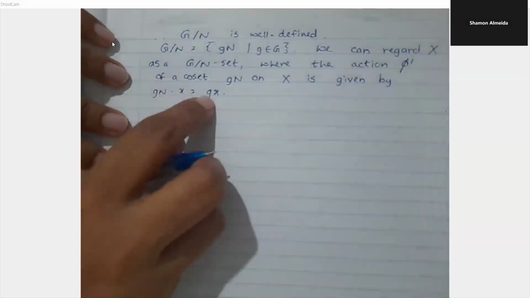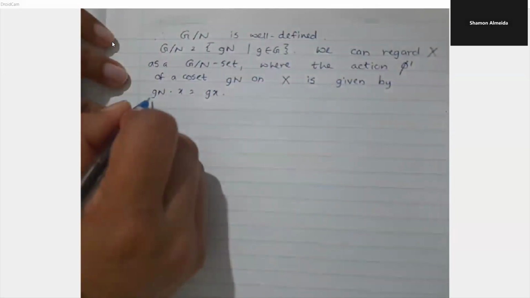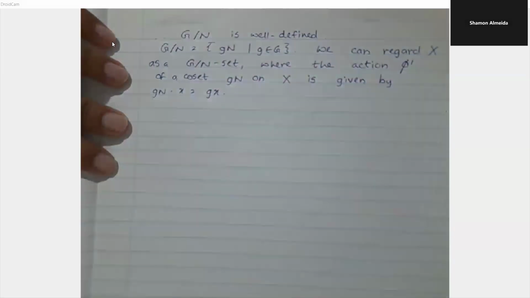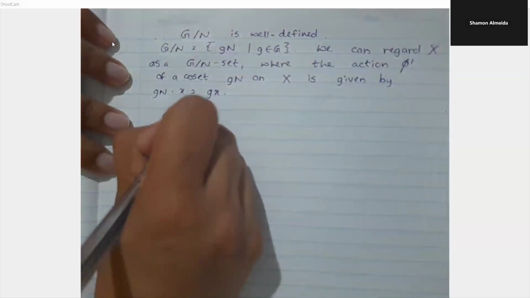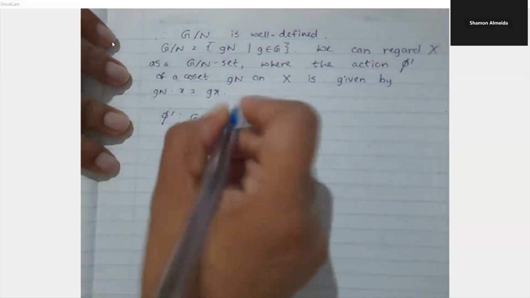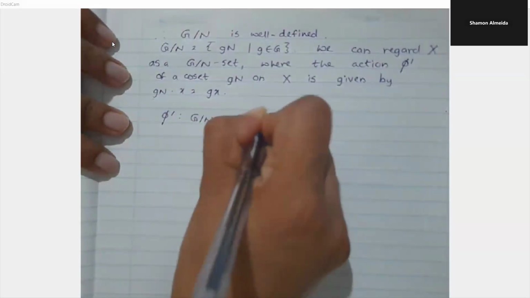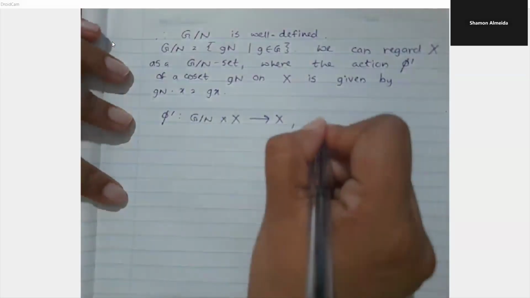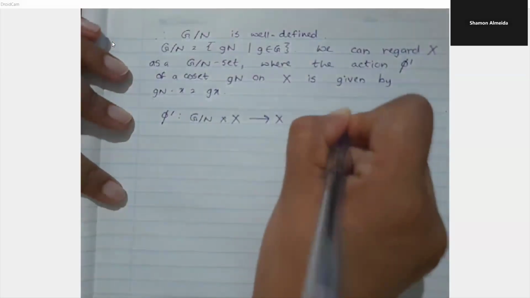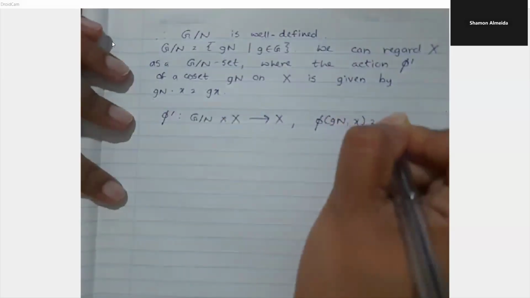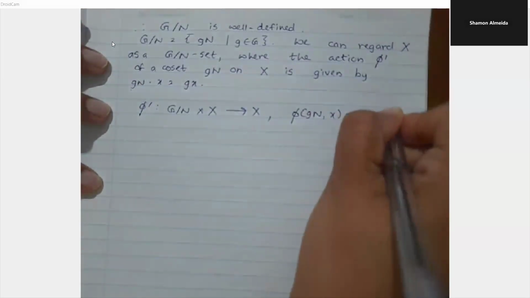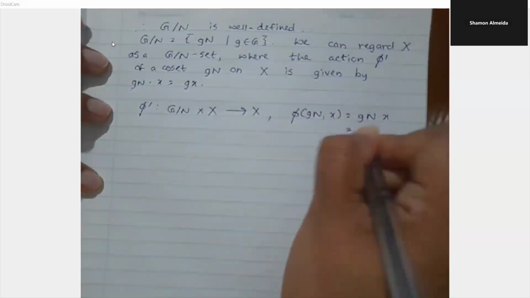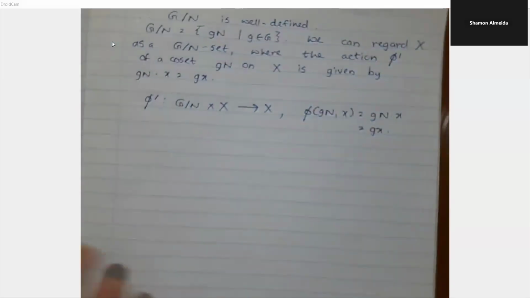We will simply map it to gx. Take this representative and simply apply that group operation. In other words, if we write it formally, this is from G over N cross X to X defined by phi of (gN, x) to equal gx.